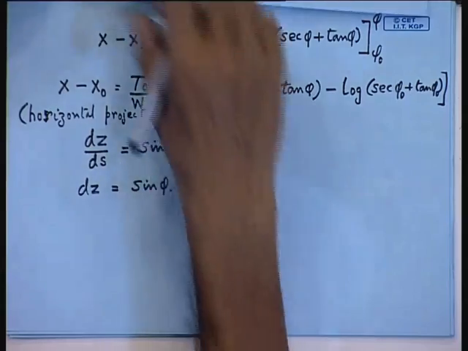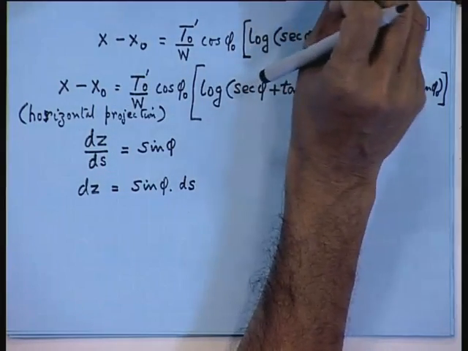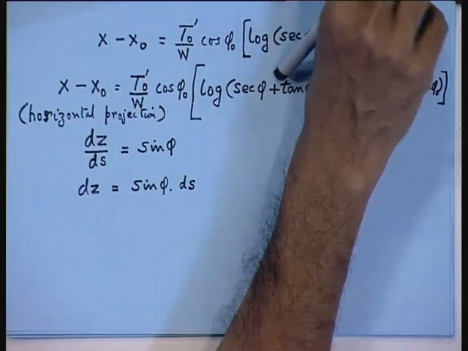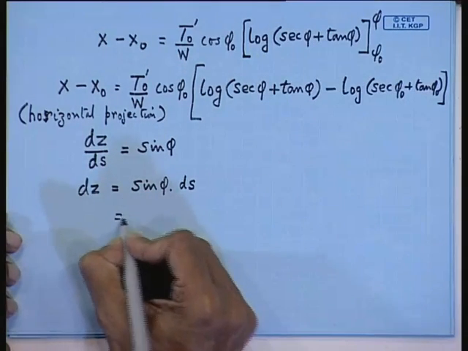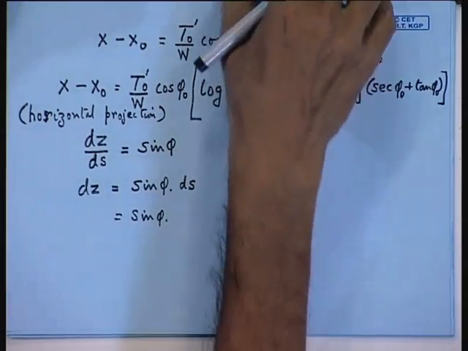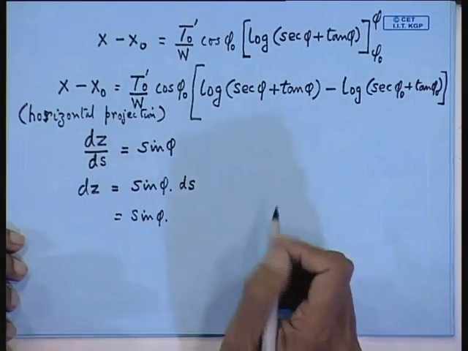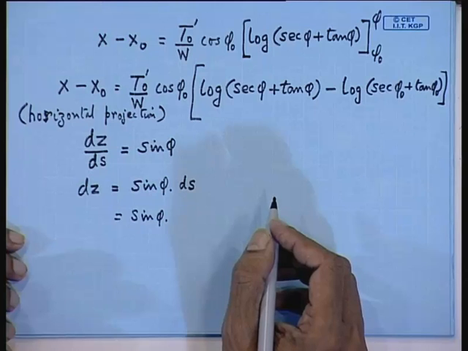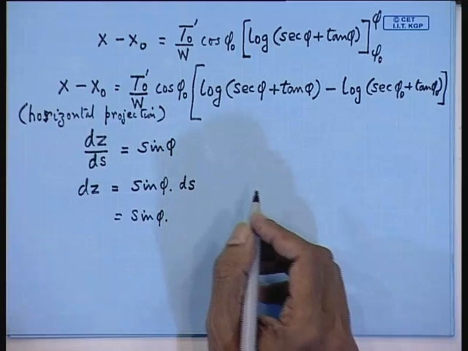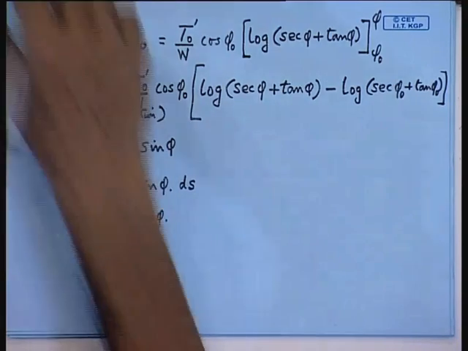In our previous expression, what did we substitute? ds was this, sin phi multiplied by the expression for ds. Now remember, in the expression for ds we had substituted T prime.